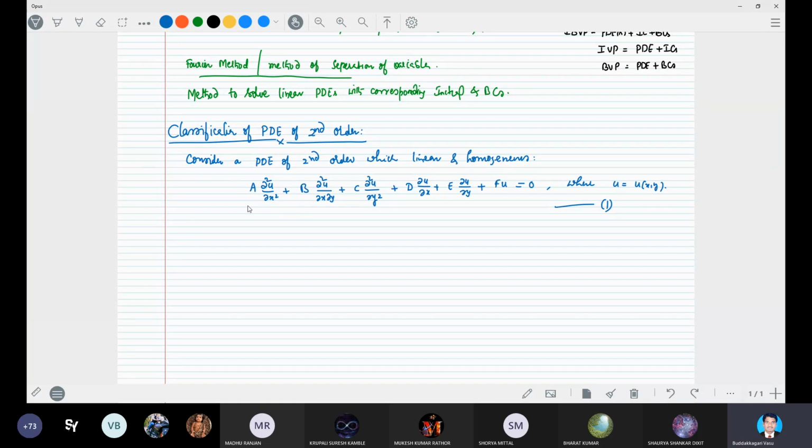Okay? Or you may just write it as f of u comma dou u by dou x comma dou u by dou y is equal to 0. Here no role of the first derivatives. This is a second order PDE, it is linear and homogeneous of order 2.